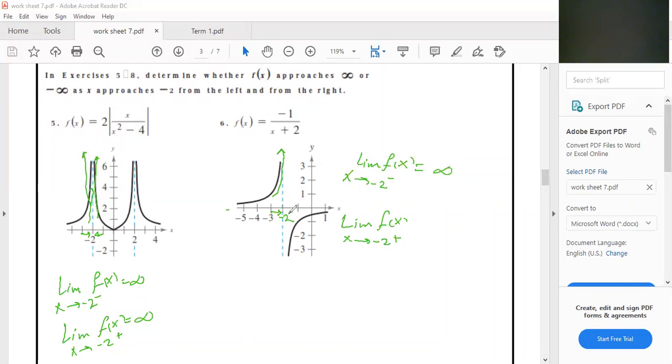As x approaches negative 2 from the right, go with this curve. It goes to negative infinity, decreasing without any bound. Look here with me.